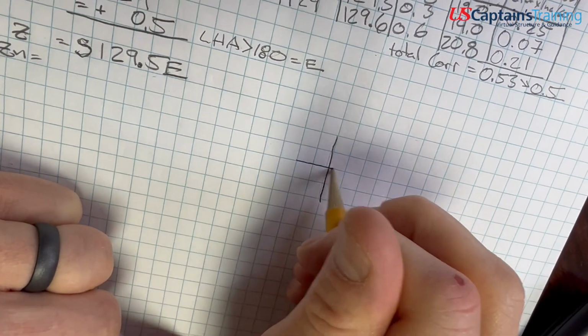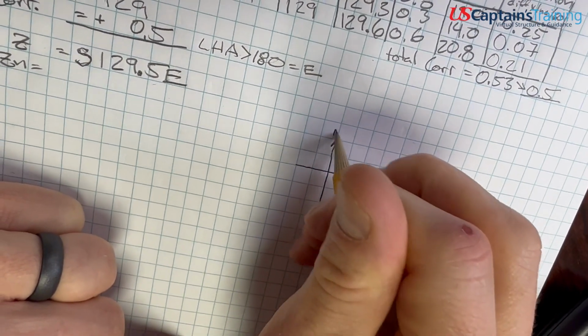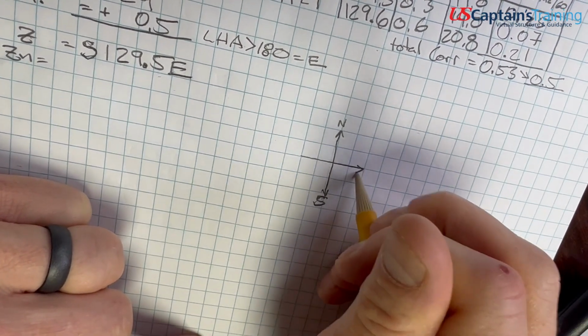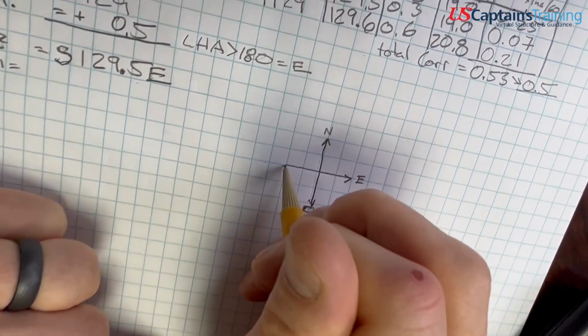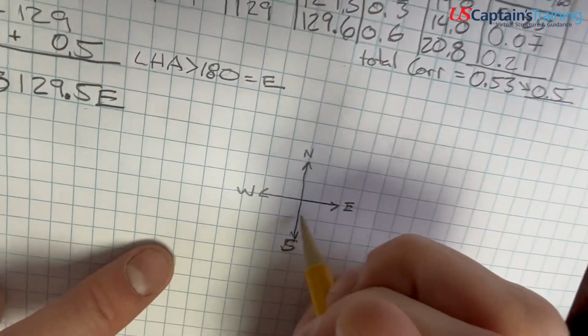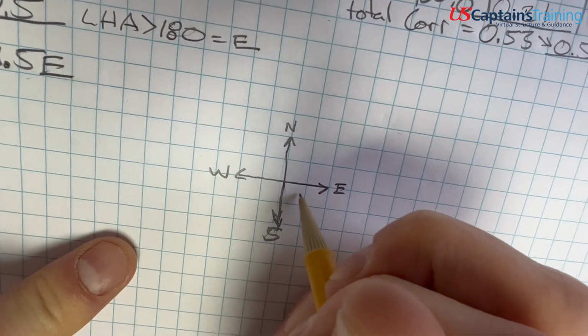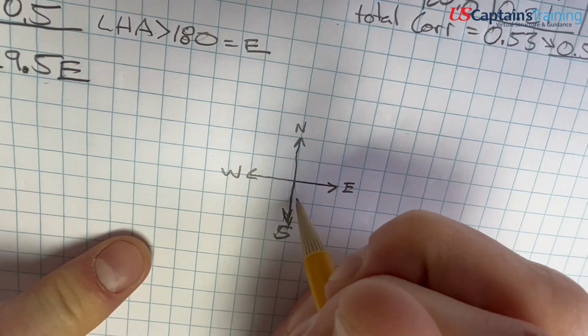Okay, so this is north, south, east, and west. So we're south, right? This is where we are. From south, we're 129 degrees towards the east.